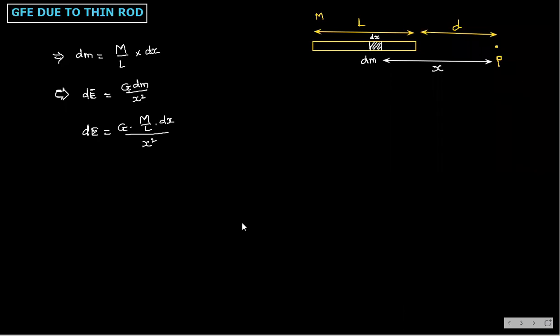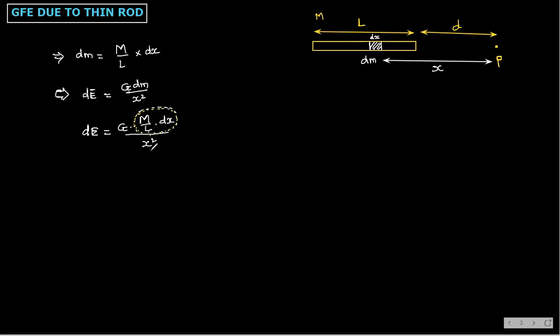Now dE is equal to G dm by x square. Now this dE is equal to G, and this dm value is M by L into dx, which I have substituted here. I just substituted this dm value.